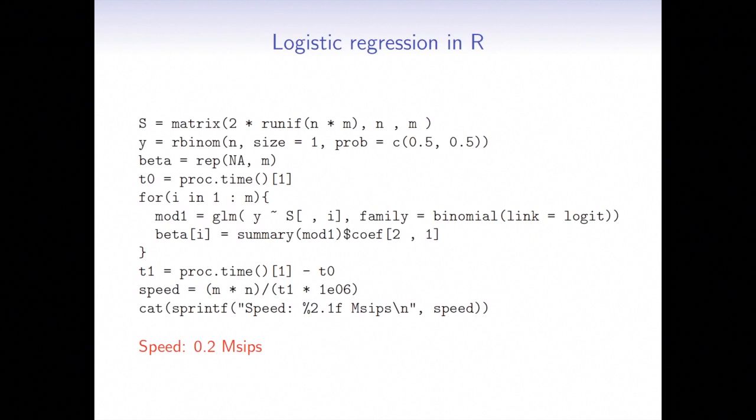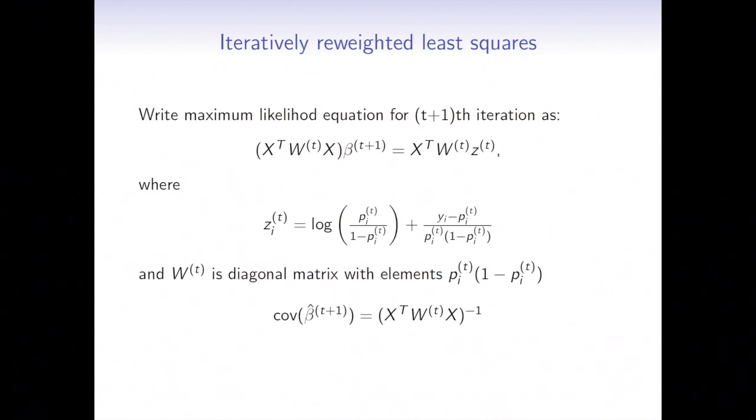So coming back to iteratively reweighted least squares, we can write maximum likelihood equations for the t+1 iteration as weighted least squares. And here our Z is our new response, which is based on the observed zeros and ones and the probabilities.